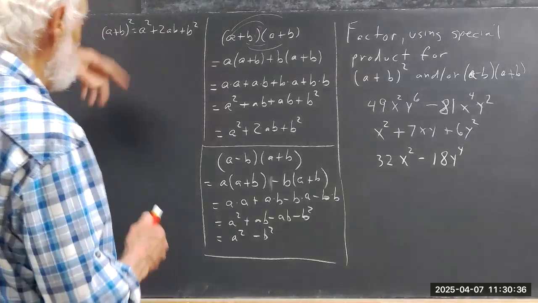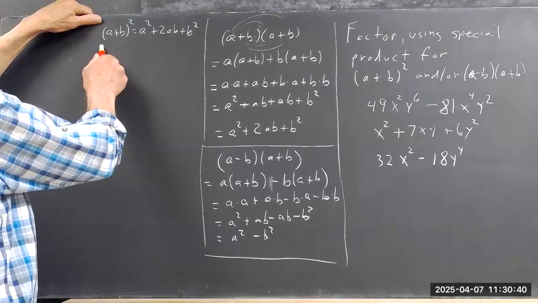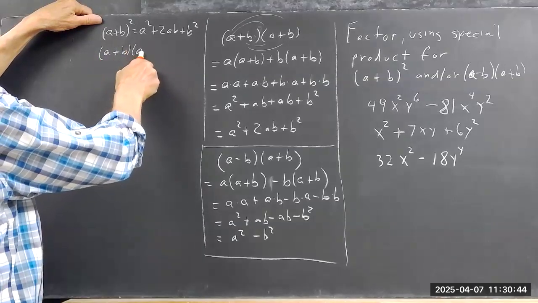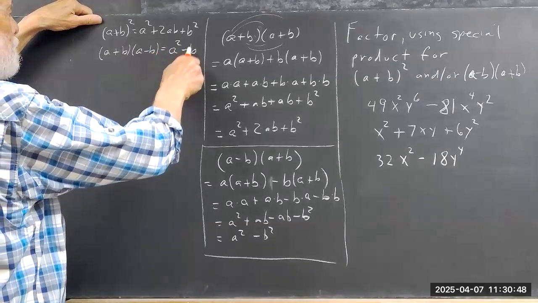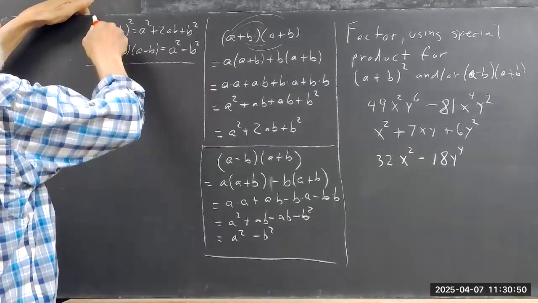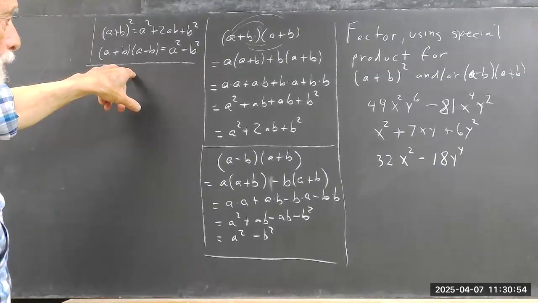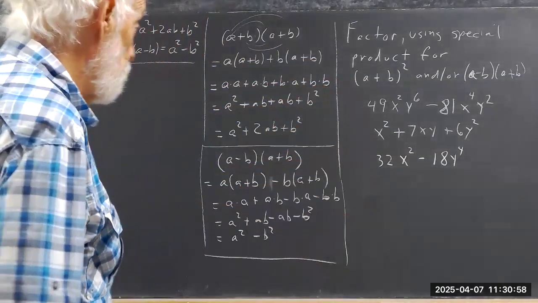All right. Well, and a lesson on how to do this, how to remember it. But you then have those are the two special products that we use to simplify these.